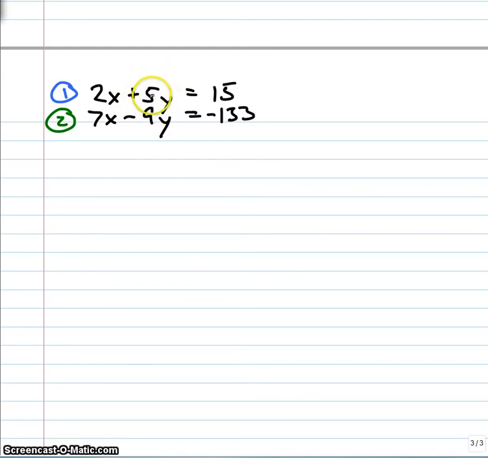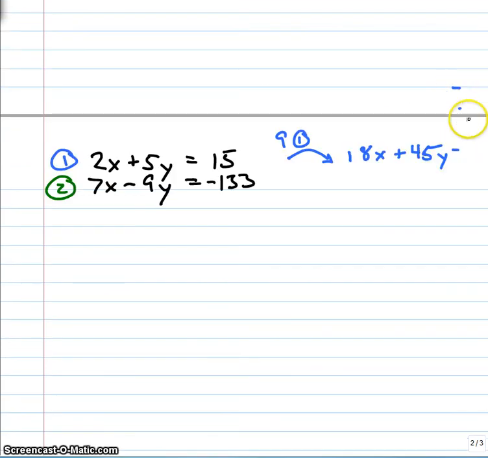In order to turn this one into 45, I need to multiply my entire first equation by a positive 9. So I would get 18x plus 45y equals 135.